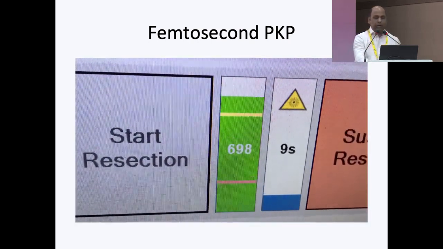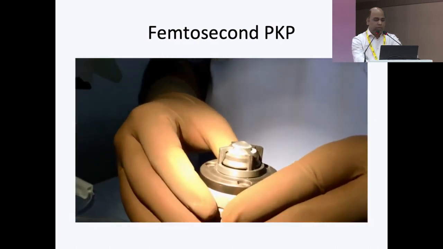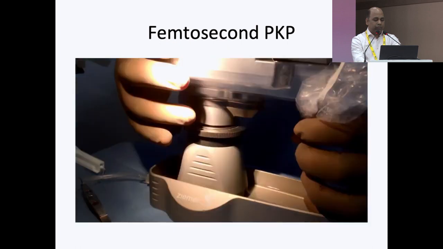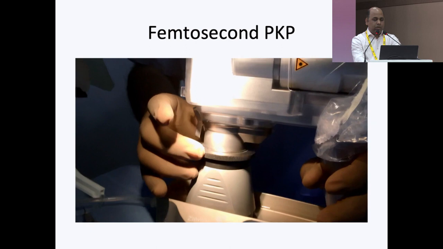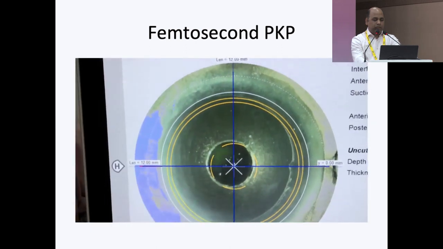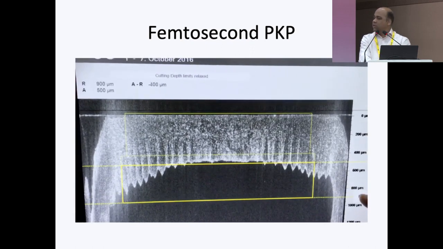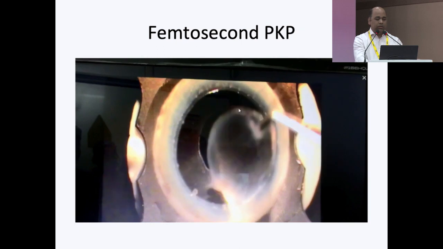After applanation, the dissection is done, and this is the donor cut by femtosecond laser after removing the epithelium. The docking is done, and most of the time the cuts are very smooth, and with the intraoperative feature you can adjust your cut area, and you just have to peel the tissue.